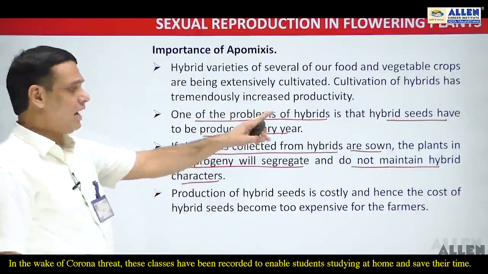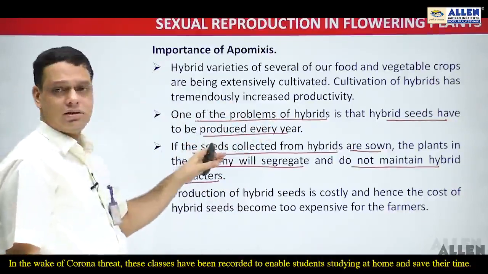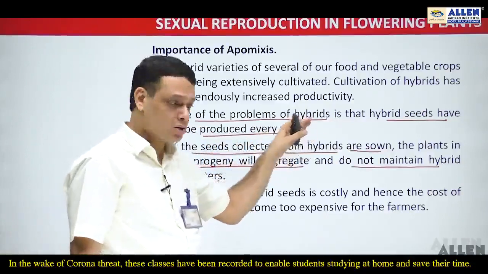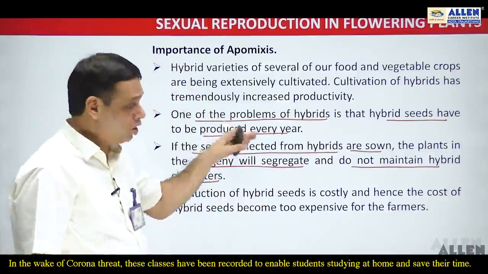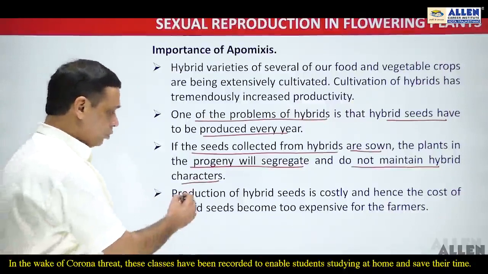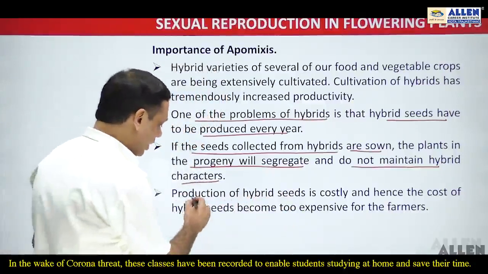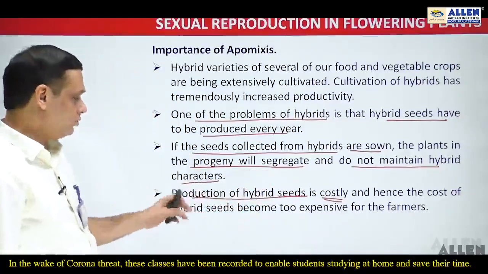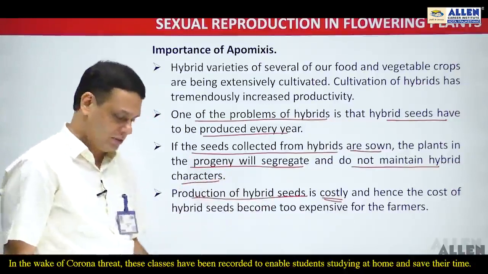One drawback is that hybrid seeds have to be produced every year, and another drawback is that if the collected seeds of those hybrids are sown, then the plants in the progeny will segregate and do not maintain the hybrid character or hybrid vigor. Another drawback is that the production of hybrid seeds is also costly, and hence the cost of the hybrid seeds becomes too expensive for the farmers.